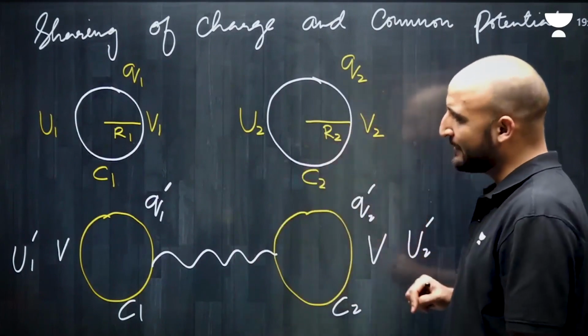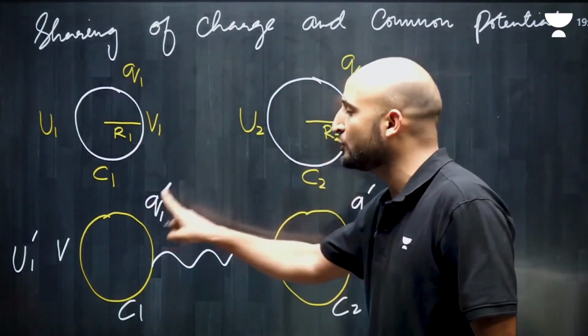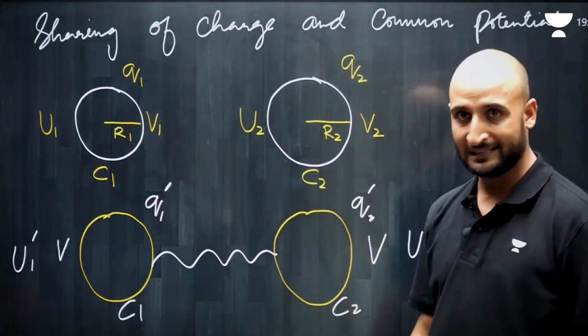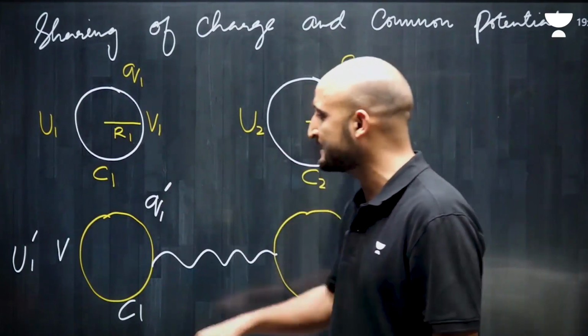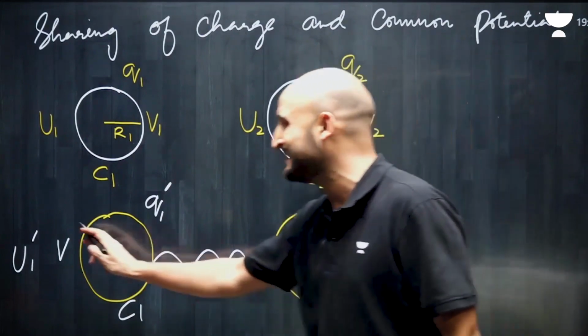The first question I'm asked here is: what will be the final charge on the two conductors? That means I'm supposed to find Q1 prime and Q2 prime. That's number 1. Number 2, what will be the common potential, since the potential of both the conductors will be the same?